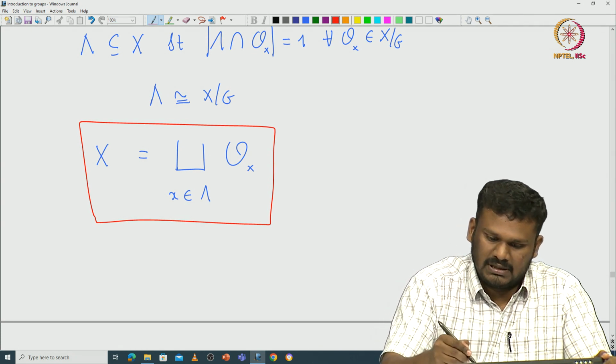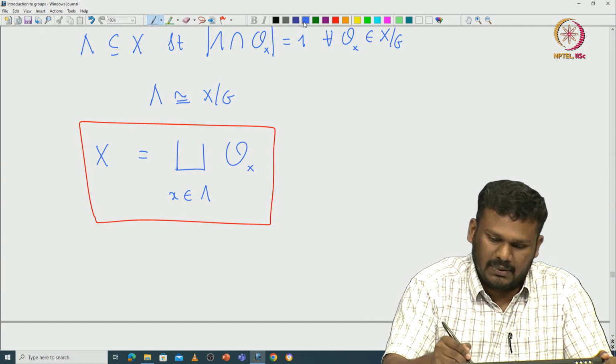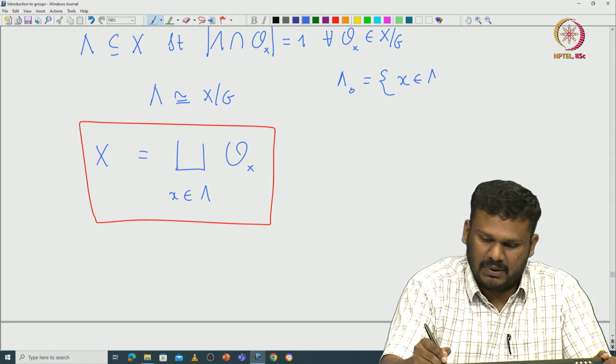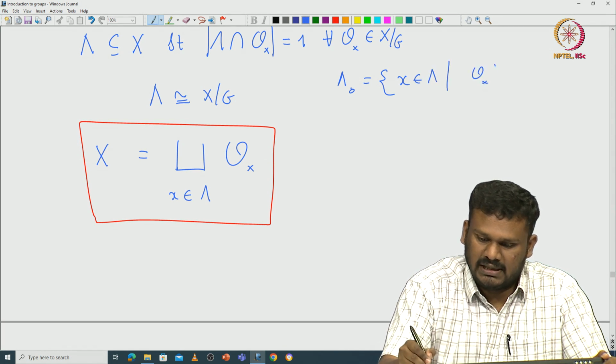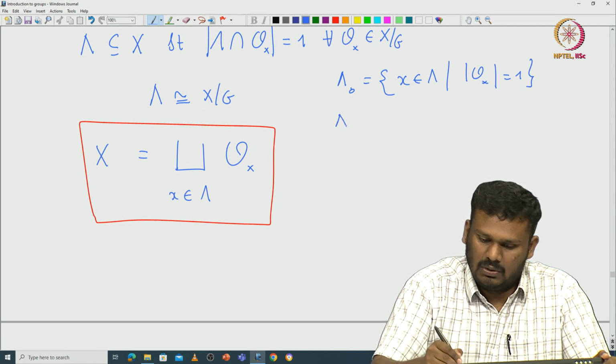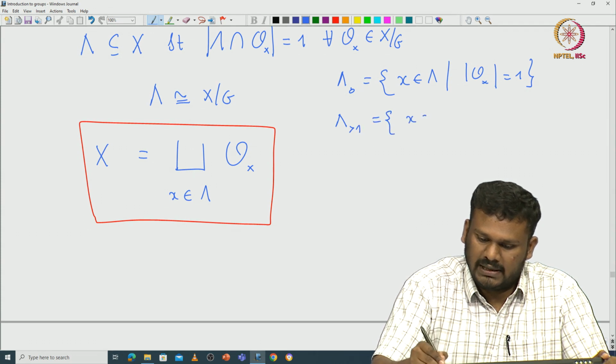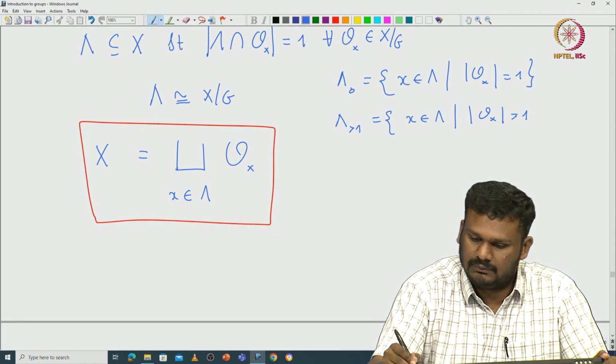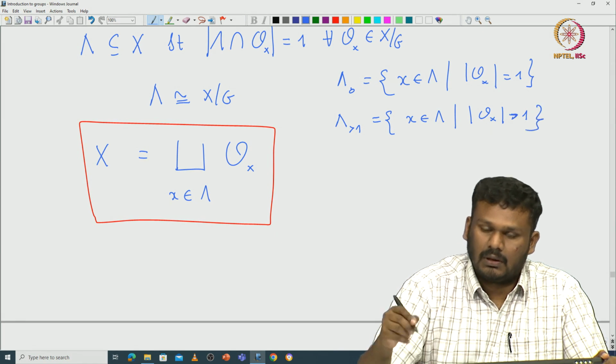For that purpose we defined capital lambda naught, those x in capital lambda such that the size of the orbit is exactly 1, and capital lambda 1, those x in capital lambda such that the orbit has more than one element.